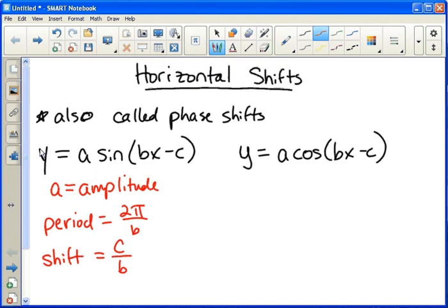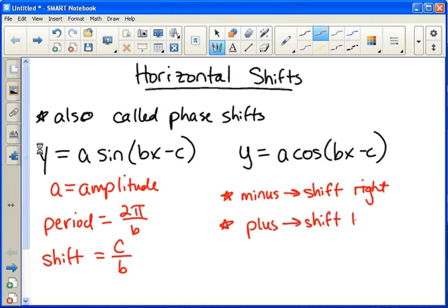So you have to do c divided by b to find your shift. And if it's a minus, you shift right. If it's a plus, you shift left.